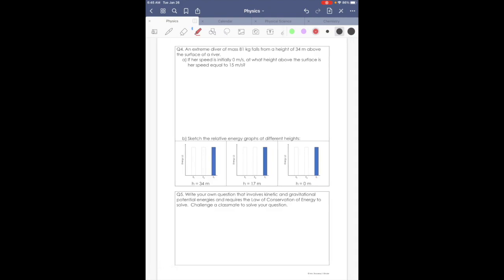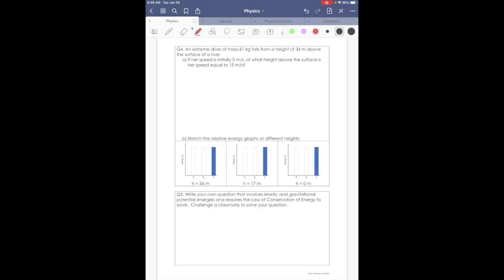And then for question number 4, this will be very similar to the very first problem that we did, where you'll use the total initial energy is equal to the total final energy. The only difference is that you will be finding a different variable, so we are finding height.